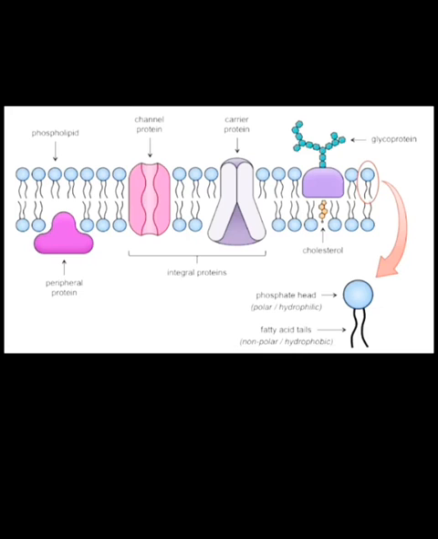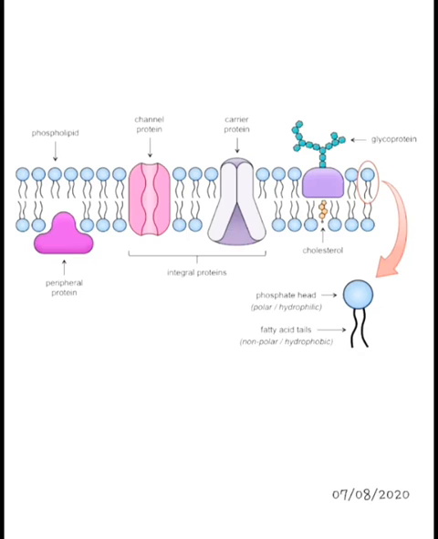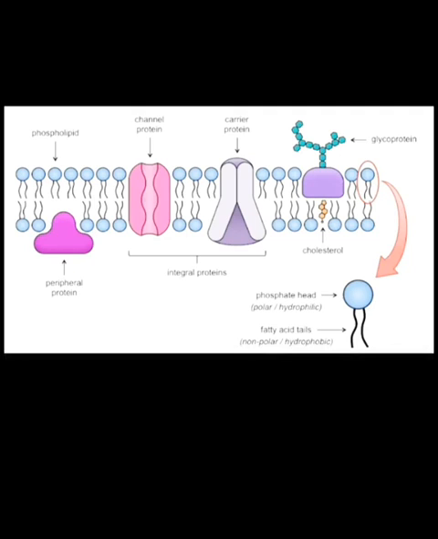But the difference is that in this case the proteins are not evenly present over the lipid layers. Instead of that, they are scattered irregularly over the lipid bilayer, giving the whole structure a mosaic appearance, and thus the name fluid mosaic model.